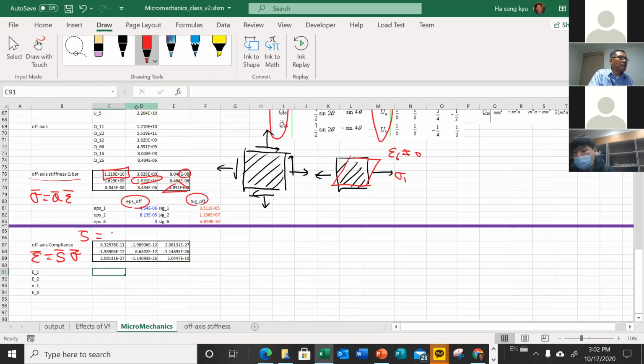S bar is the inverse of the Q bar, which we have here. And once we have S bar, by definition of a compliance, we can say E1 and Poisson's ratio. This is the equivalent material property.